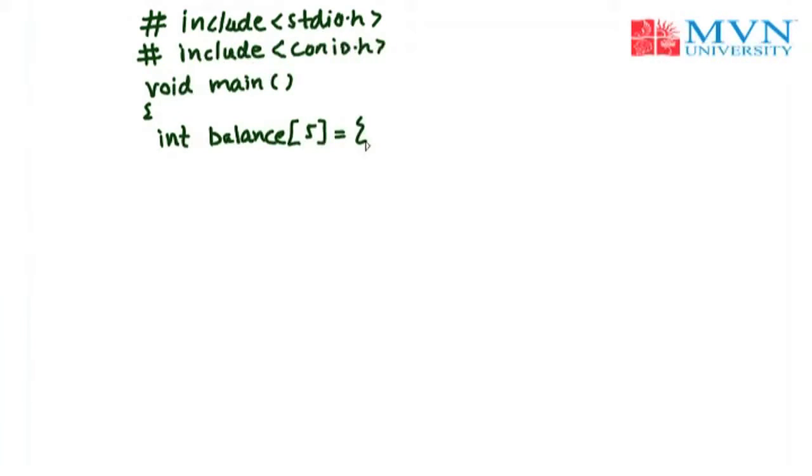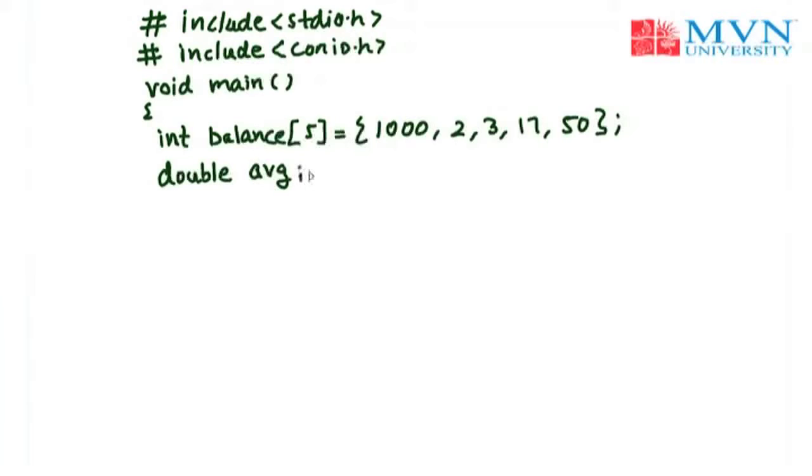In the curly braces, I am initializing the values of the array: 1000, 2, 3, 17 and 50. Take one more variable of double type named average. This variable stores the average of all the numbers stored in the array.